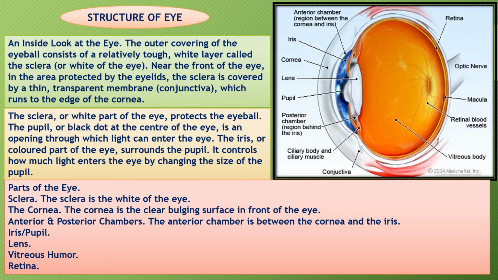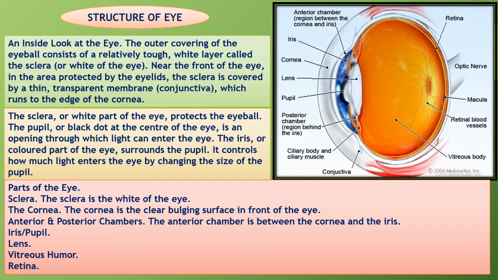You can see the structure clearly. It has been shown that the outer covering is called sclera. After that, cornea, lens, iris; the blue colored portion is the iris. Ciliary muscles are also present. That's why the ciliary body and ciliary muscle have been shown in the orange colored portion.